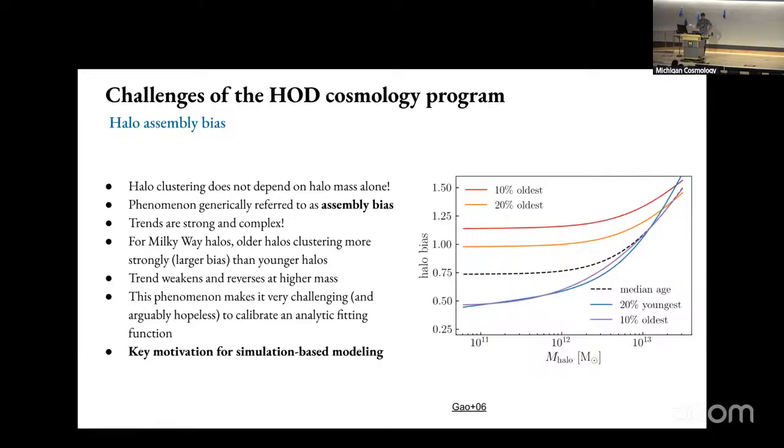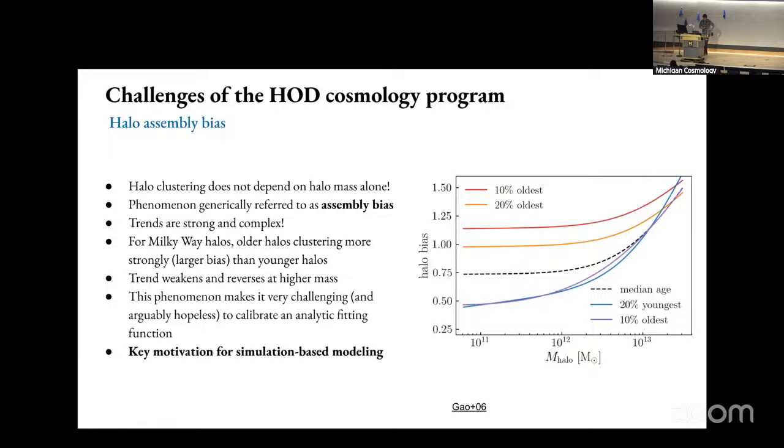But halo mass alone does not determine the clustering properties of the halo. In general, the clustering properties of halos depend on more than halo mass, and that additional dependence falls under the general catch-all term, halo assembly bias.